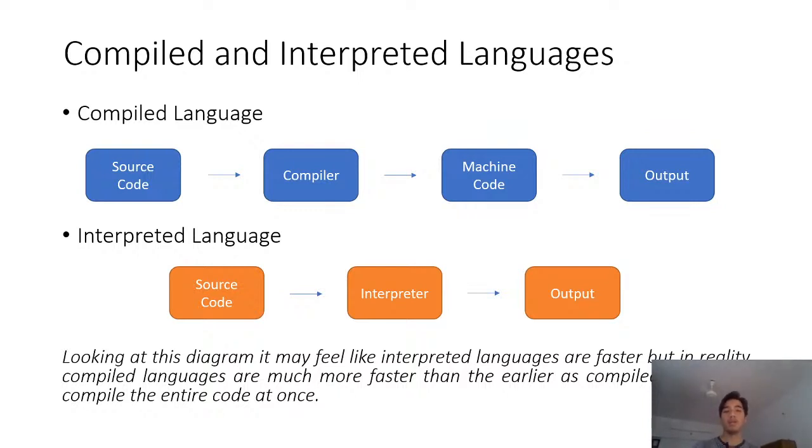The Python code does get converted into compiled code, but it doesn't get shown, and the Python interpreter actually deletes the machine code entirely, and then interprets the output.